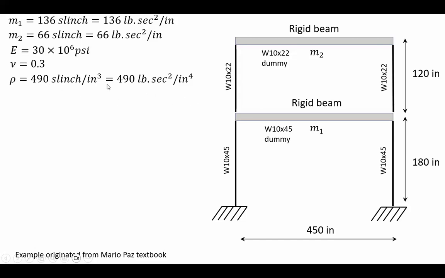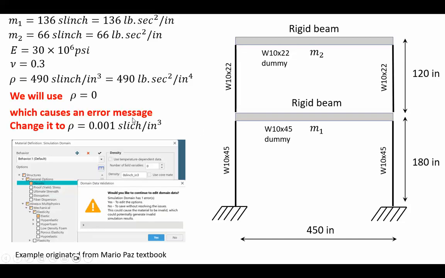this is the actual value. However, because the columns are assumed to be not contributing to the natural frequencies when it's modeled as a multi-degree of freedom system, we will assume that the density of the structure is zero. However, when you do that, you get an error message, okay? And the YouTuber who's done it in CAE also alludes to the same thing.